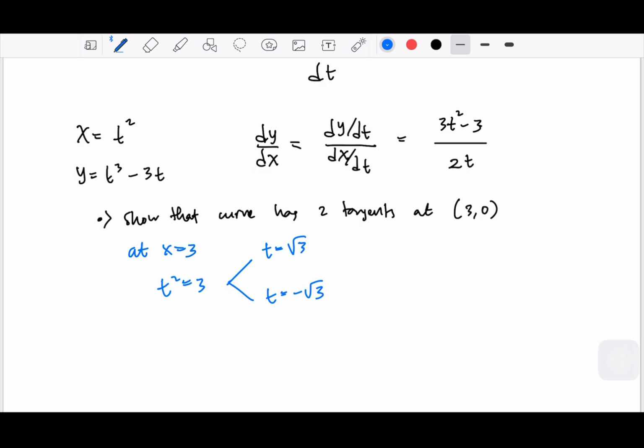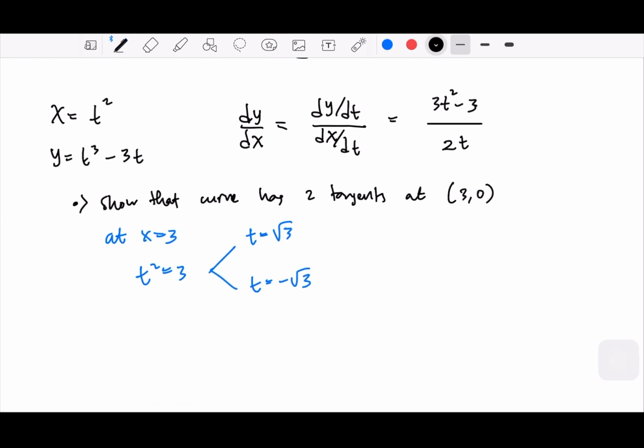So at this point, we can find the tangent. Let me just write plus minus, just to note that I will calculate two of them.